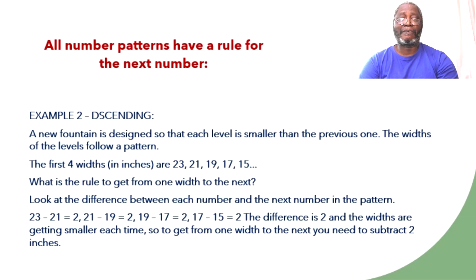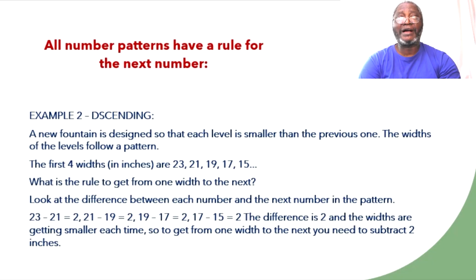Okay, look at the difference between each number and the next number in the pattern. 23 minus 21 is equal to 2. 21 minus 19 is equal to 2. You get my drift? 19 minus 17 is equal to 2, and so on. So what's the pattern?